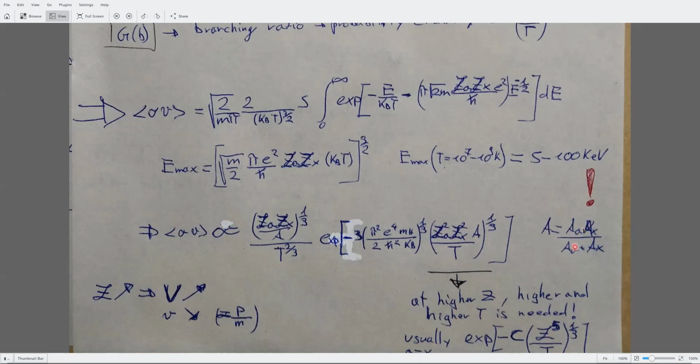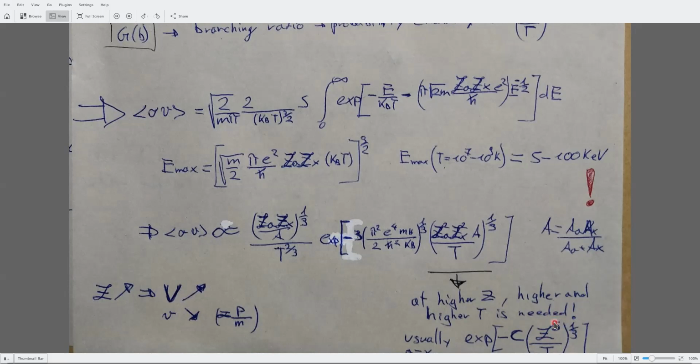A is more or less proportional to Z. So it's the atomic number and the mass number to the fifth power, which is a lot. For hydrogen it is 1, but for helium, 2 to the fifth power is 32. It is definitely higher.